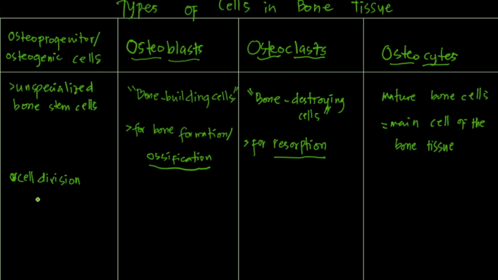They undergo cell division, while the other types of cells do not undergo cell division. So the only type of cells of the bone tissue that divides is the osteogenic or the progenitor cells.